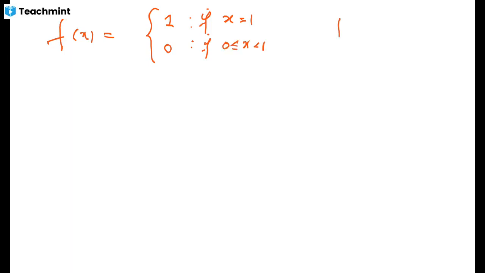If you look at the graph of this function, can anybody guess whether this function f is continuous or not? Any guesses? You should be knowing it. It's quite obvious that it is not continuous.